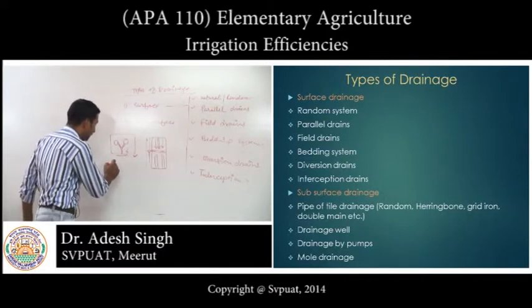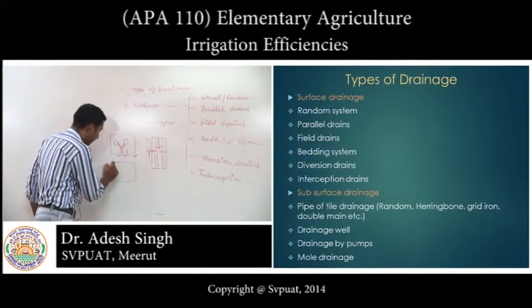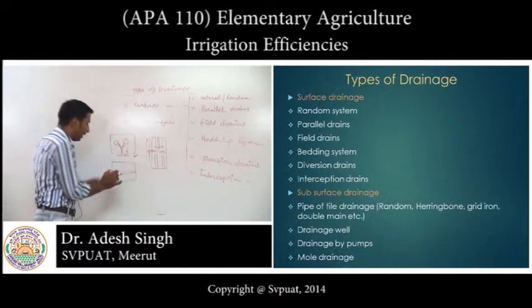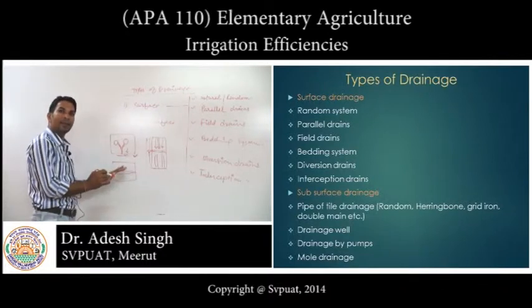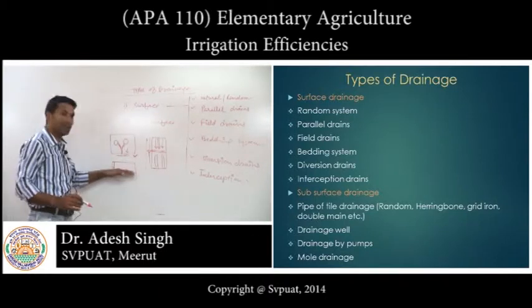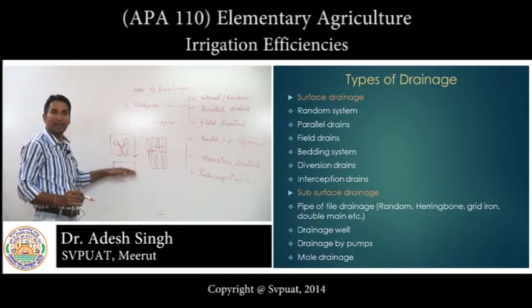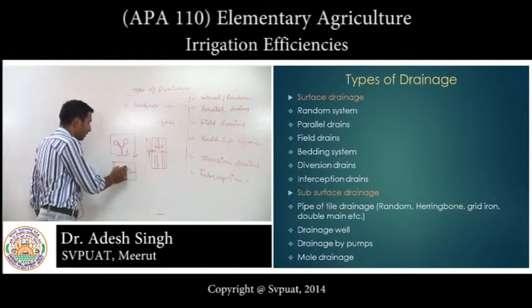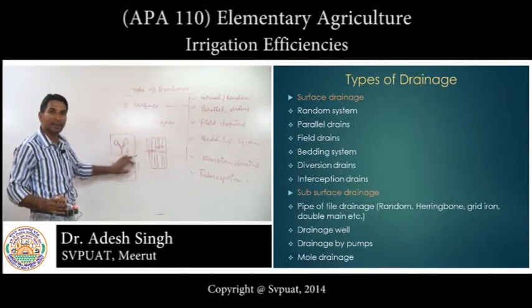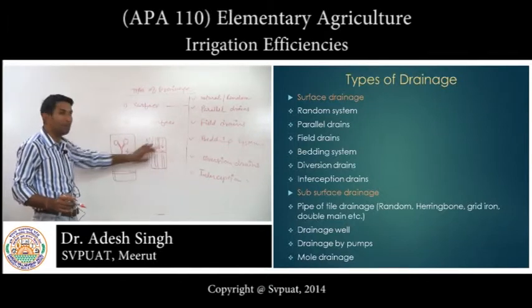In the field drain, some more deeper trenches can be constructed within the field. Say for example, if this is the field, the trench is constructed in the field itself, and suppose there is the main ditch and this is the sub channel. So whatever water is received in the field... what is the difference between this and this? They are deeper as compared to this one.